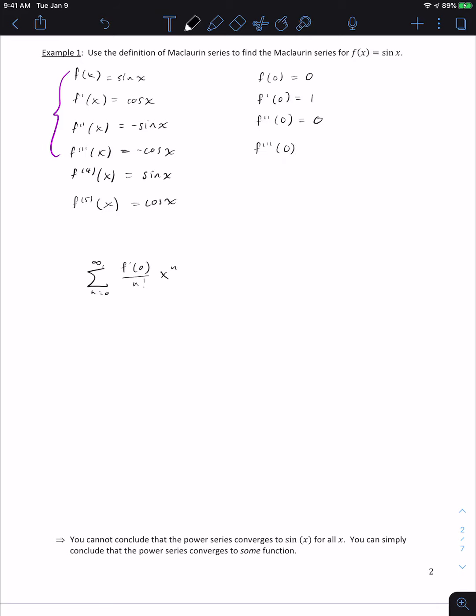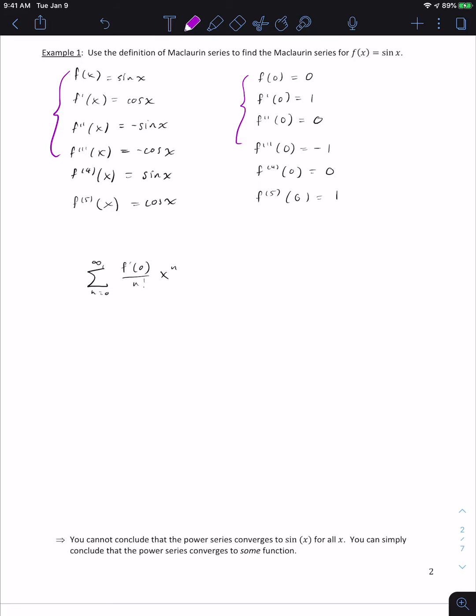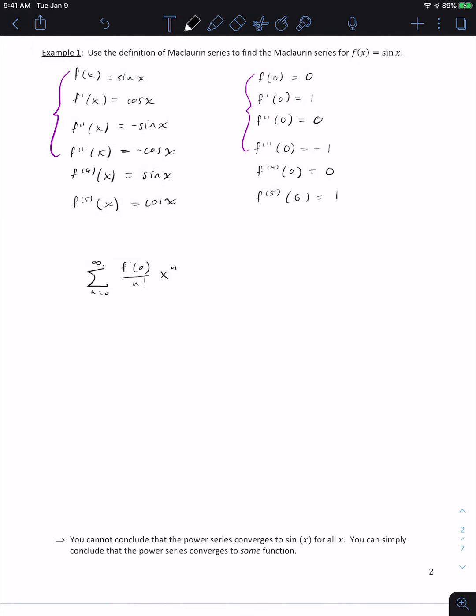F triple prime at 0 is equal to negative 1. The fourth derivative at 0 is equal to 0. And the fifth derivative at 0 is equal to positive 1. So again, this pattern will repeat after the first four terms or after the third derivative.